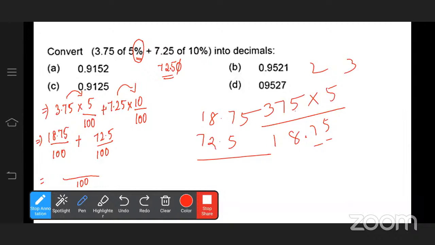So if nothing is having here, you just put 0. So what you got? 5 plus 0, 5. 7 plus 5, 12. Remainder 1. 8 plus 2, 10. 10 plus 1, 11. Remainder 1. And what is here? 91.25, right? Yes, ma'am. Okay. So I'm going to put 91.25.